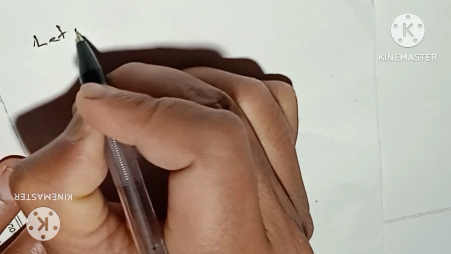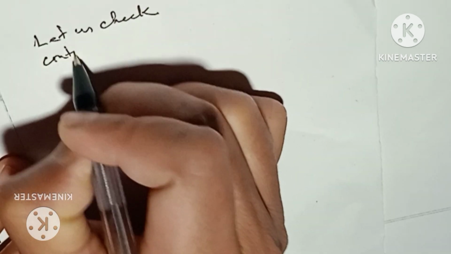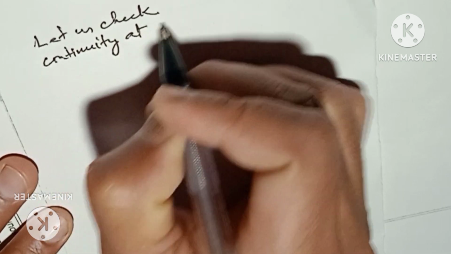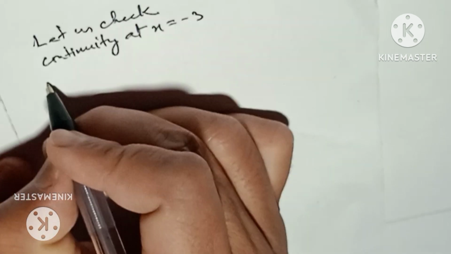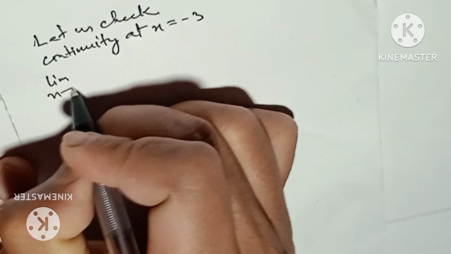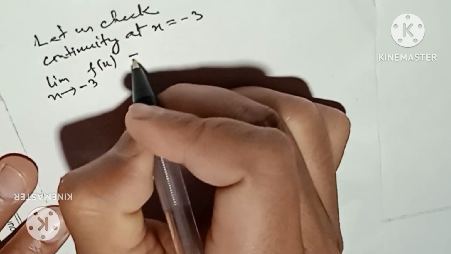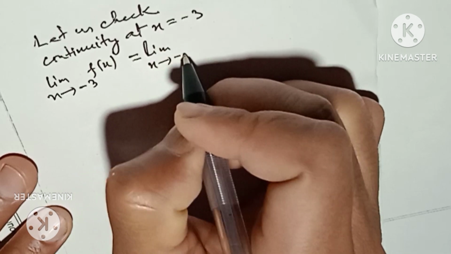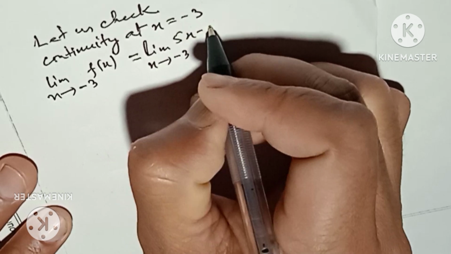Let us check continuity at x equal to minus 3. Limit x approaches minus 3, f of x equals limit x tends to minus 3 of 5x minus 3.